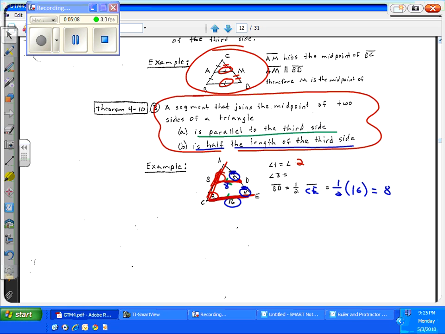And angle 3 is equal to angle 4, they make an F the other way, upside down and backwards. They're corresponding. So since we can conclude the lines are parallel, then we can say that alternate interior angles are equal, corresponding angles are equal, same side interior angles are supplementary, and all of those properties of parallel lines.